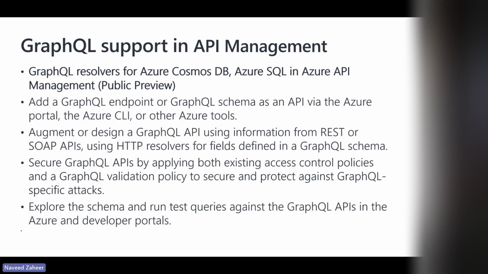At the same time, with synthetic API, you can expose APIs which are not GraphQL. So basically, what API management will do is the translation for you. So your consumer will be talking in GraphQL. API management will do the translation, call your APIs and return the data back to the consumer.